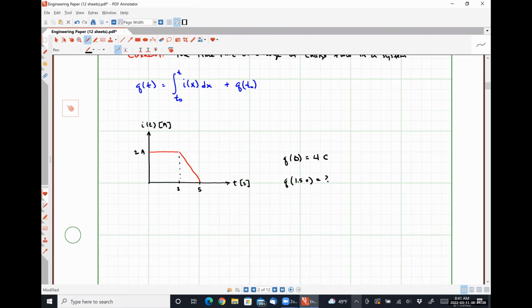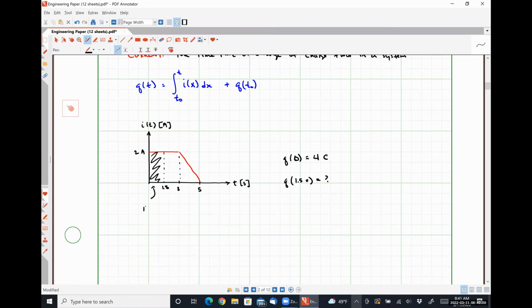Area, right. Absolutely right. The integral simply represents the area. So if we wanted Q at 1.5 seconds, this is 1.5 seconds. We just want the area of that rectangle, right?